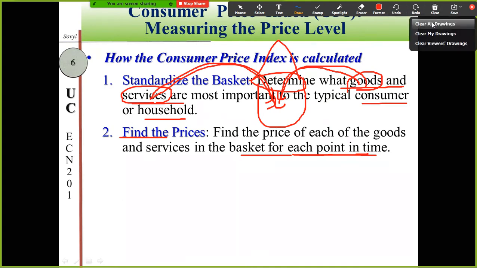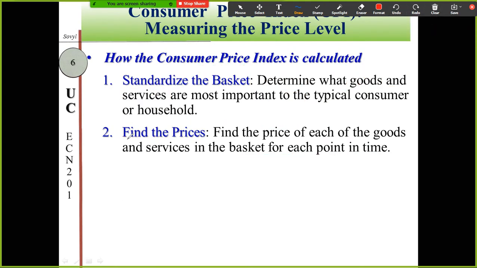Okay? So when you know the price and you know the goods, what does it mean? You know the quantity that you buy in the basket. You know the quantities of services and goods that you buy.